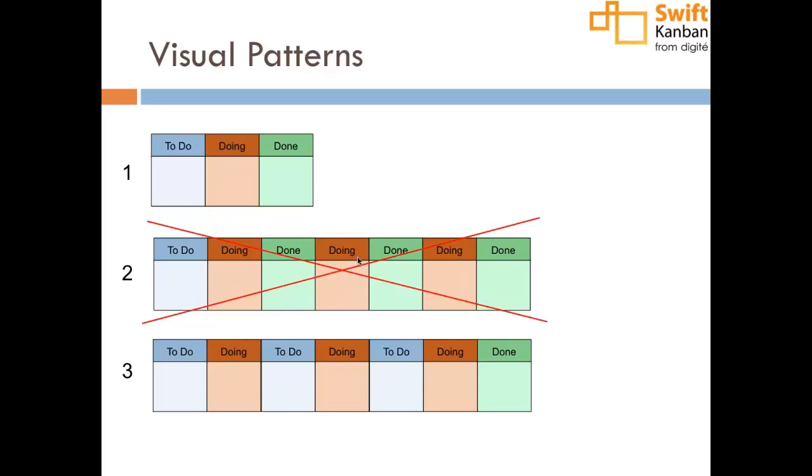Same way, if we put to do, doing repeatedly, then what happens is that the to do column is literally the amount of work that's waiting to be done. And this becomes important when your flow has some skip states. If they had no skip states, the two are the same.